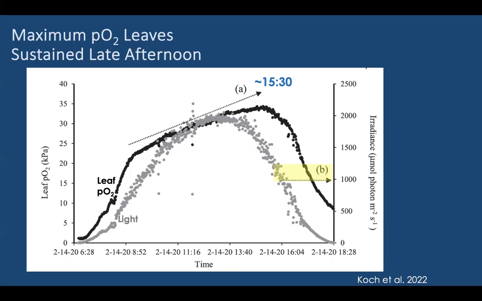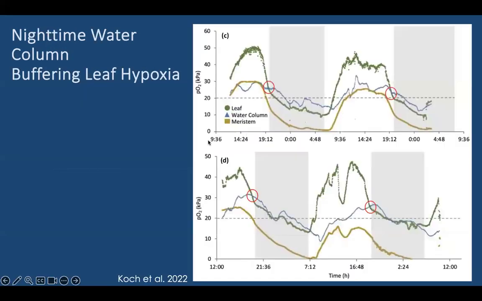Also, oxygen goes into the water column until late afternoon. That oxygen diffusing from the plant into the water column can be really, really important. Also at nighttime, indicated by the gray bars here, it shows this sort of shoulder of water column oxygen above saturation.